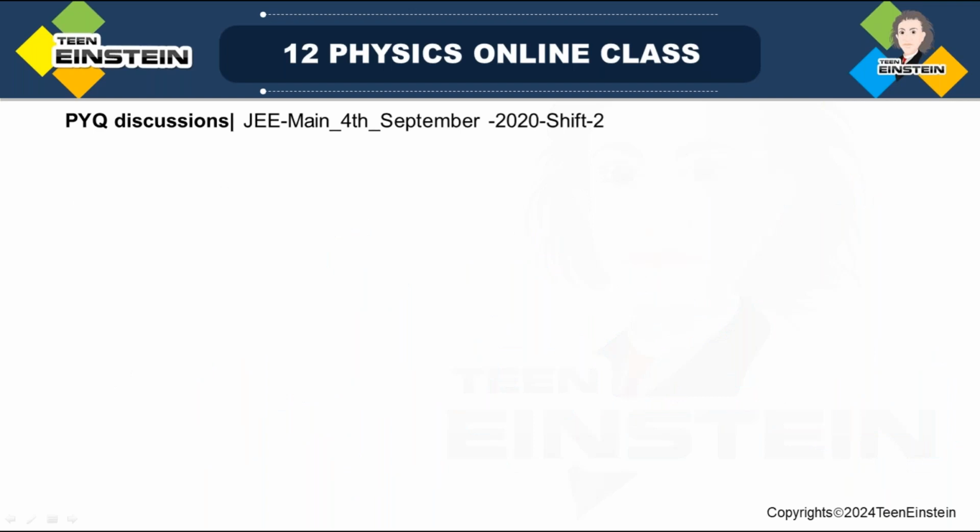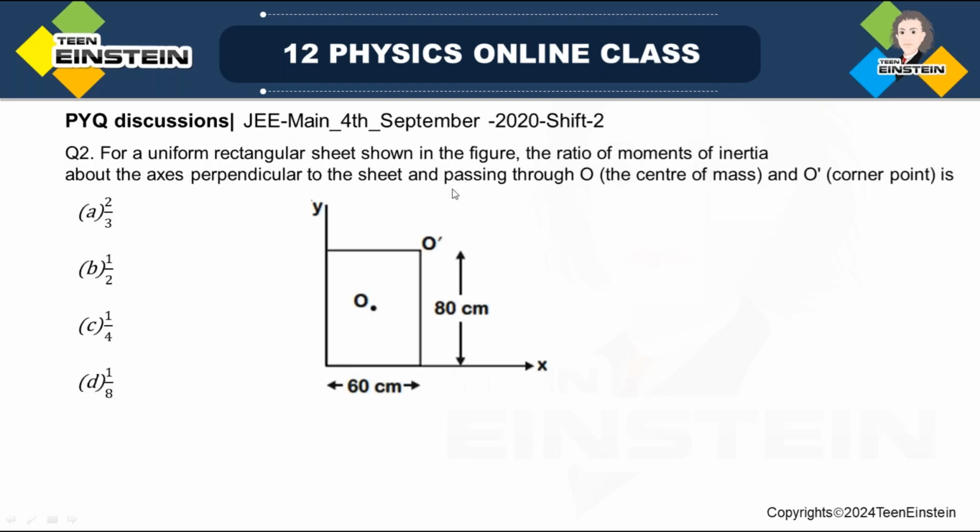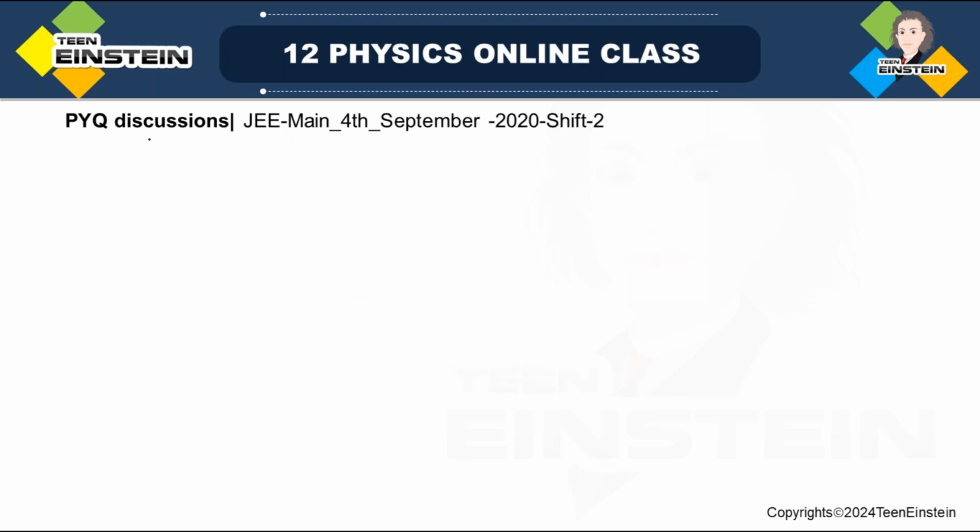This ratio I1 by I2 is given in the problem as 1 over 16, and this is equal to 1 over alpha to the power 4.